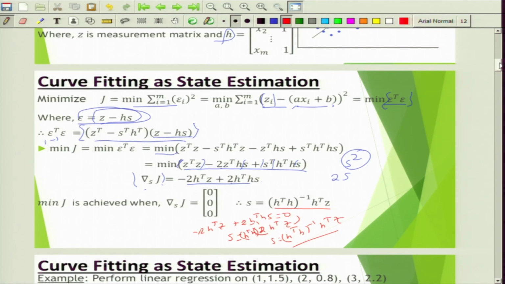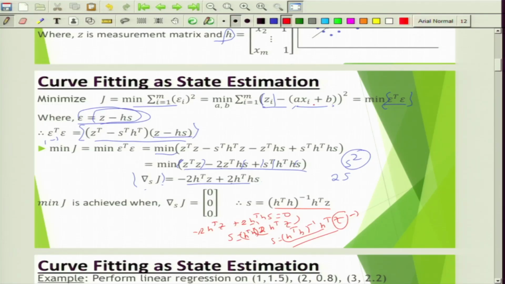You know the measurement matrix, the actual matrix Z, because you are getting samples. Having known this model function matrix H, which has these variables x1, x2 and all these parameters, you have to do this mathematics only, (H transpose H) inverse into H transpose Z, and you will get the state variable matrix, right.